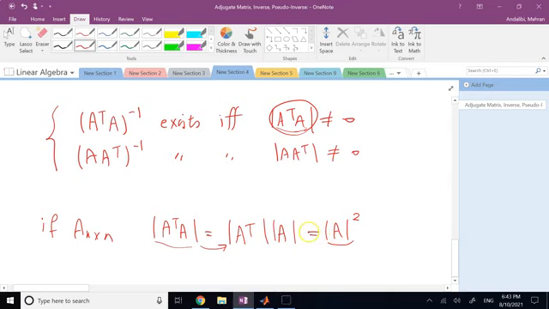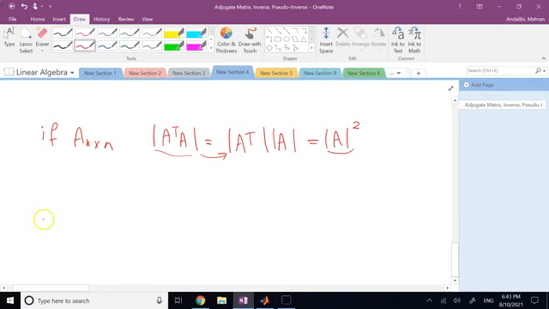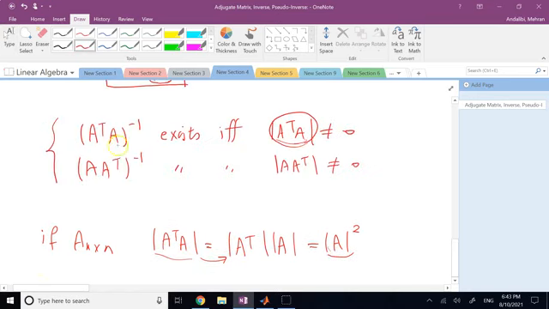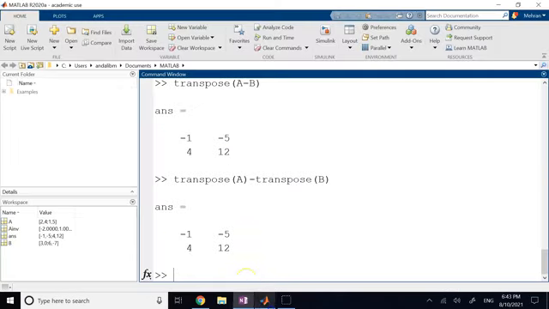The A transpose A, the whole thing is square, but not each one of them, A or A transpose. So now the question is, is there any condition on A, or entries of A, that allows me to invert this guy or not invert it, right? So if I have any rectangular matrix, let's say, for example, a 3 by 2, right?